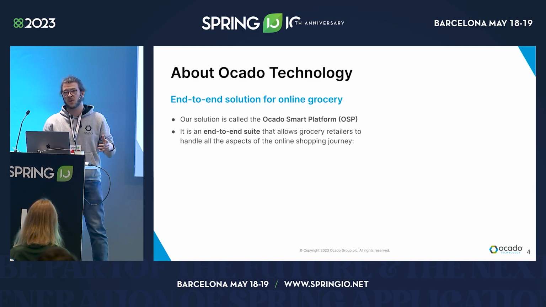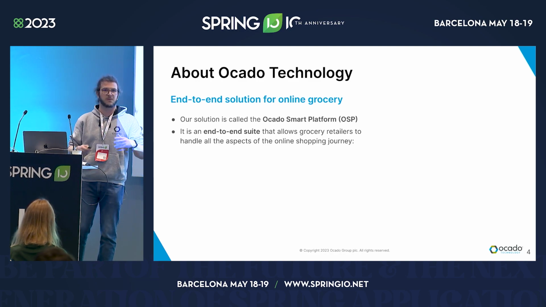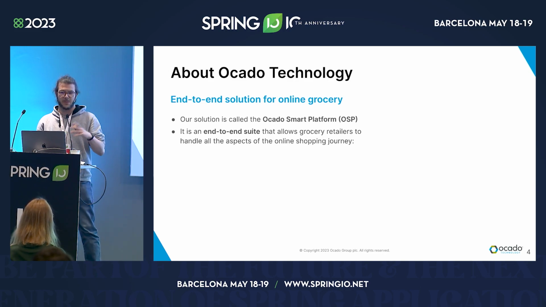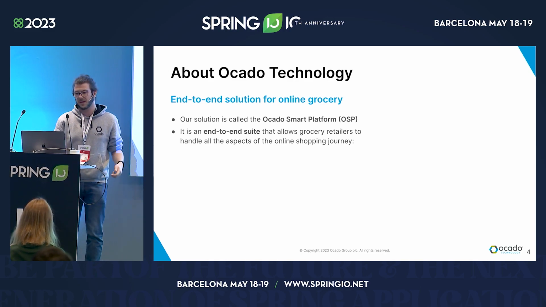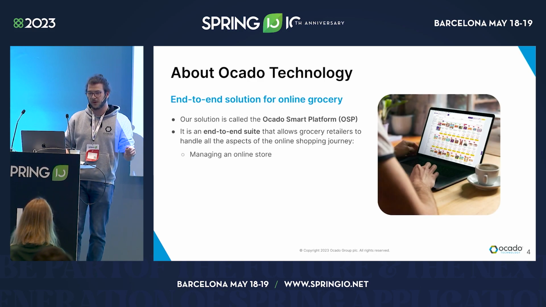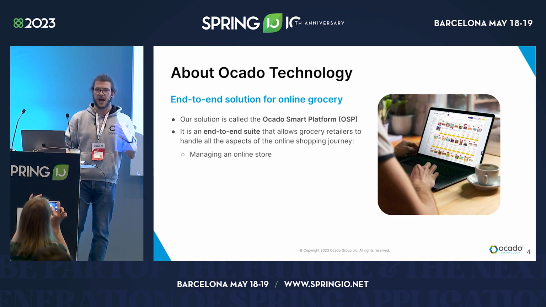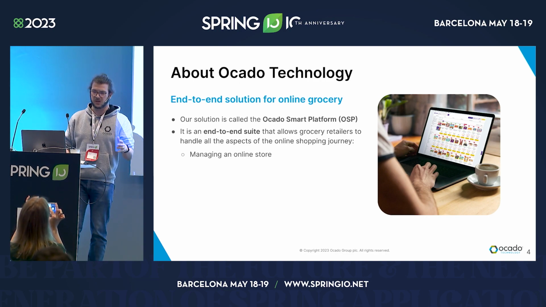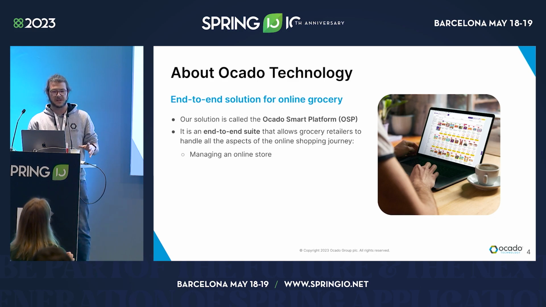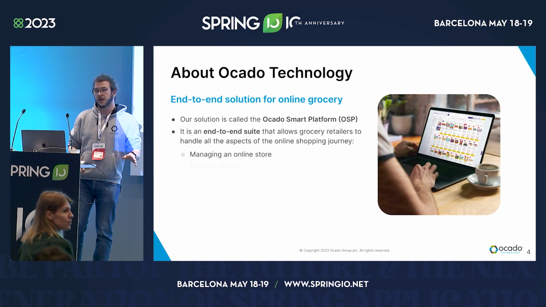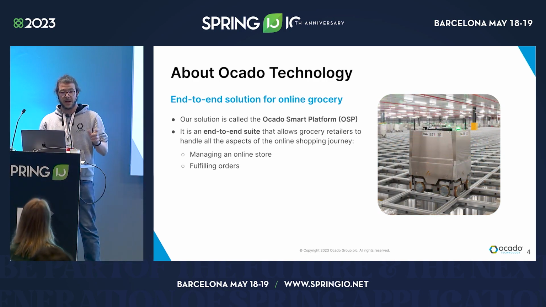The online shopping journey starts when we enter a website or use a mobile application to do shopping. Our platform provides all the applications, front-end and back-end, that enable the client to manage an online store and a mobile application. Many other applications help the client to fulfill the order.